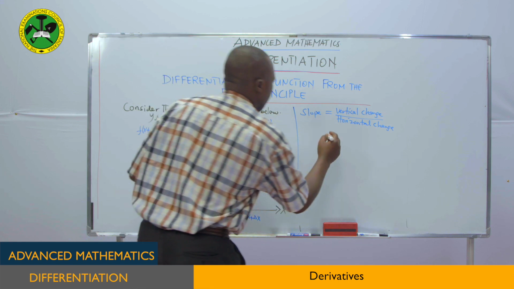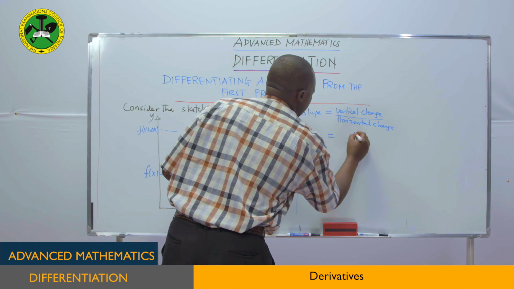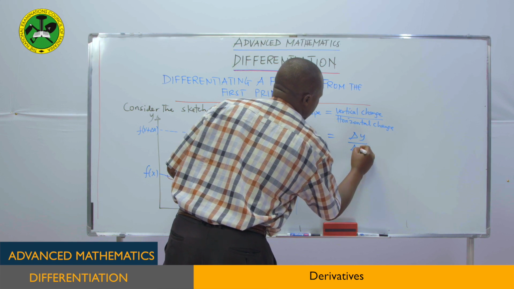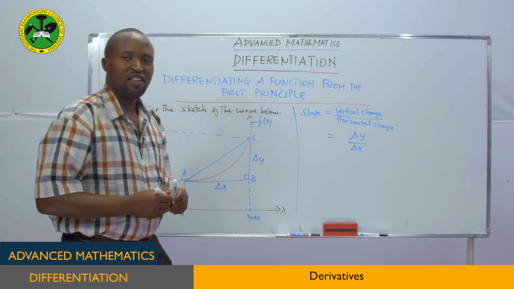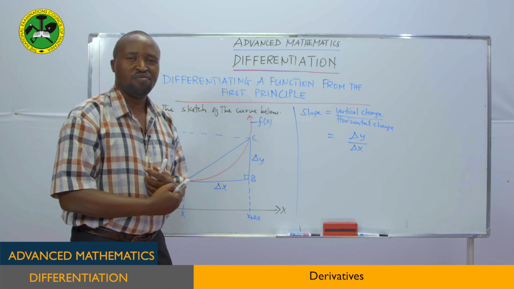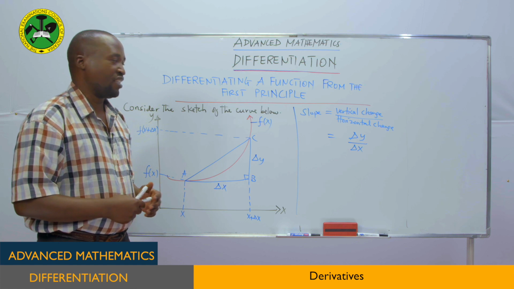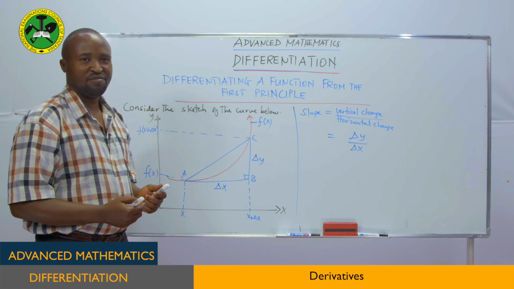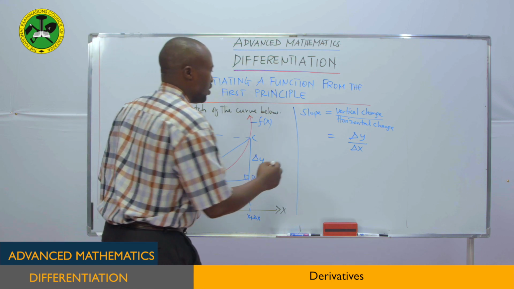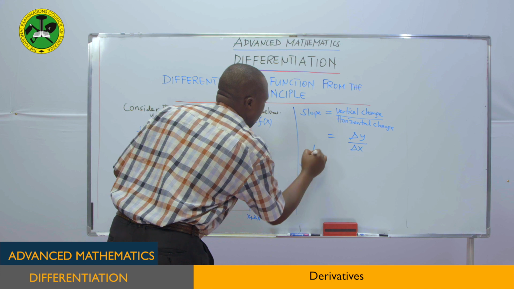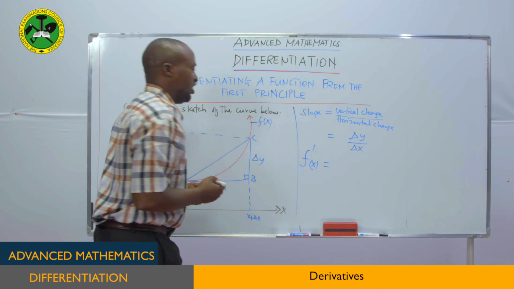So in this case, it's the same as delta y over delta x. That is how to find the slope. But in this case, we are going to consider a limit. And of course, the slope will be represented by f dash, that is the derivative of our function.